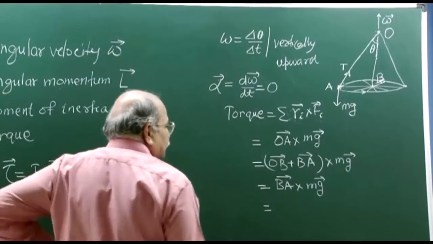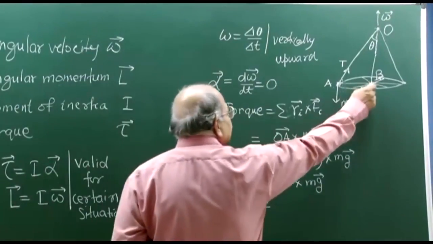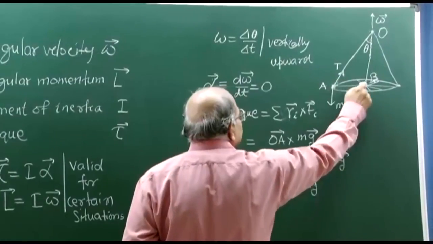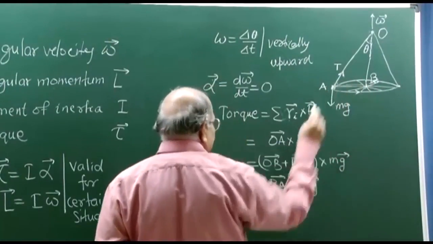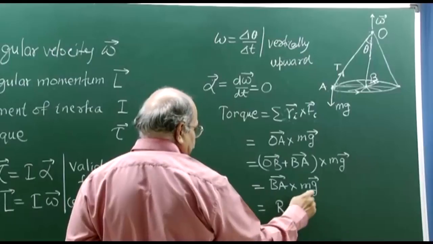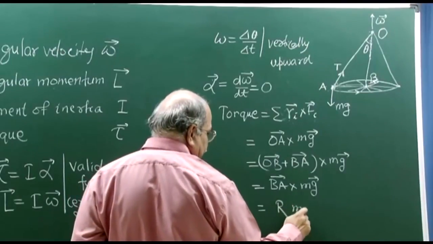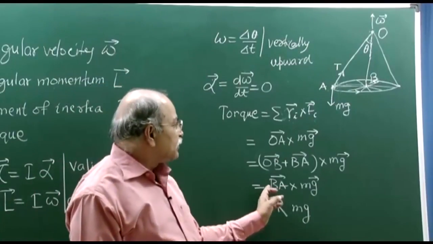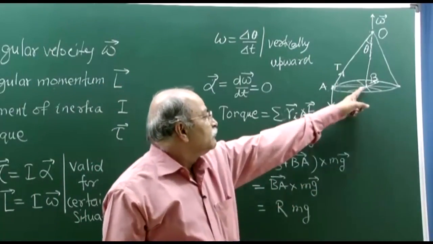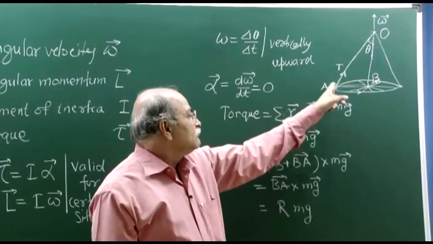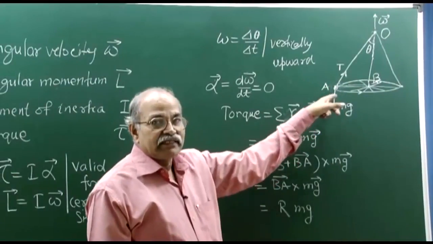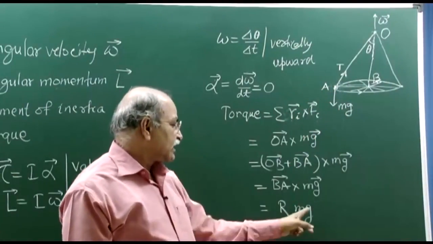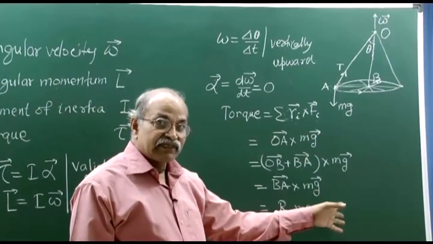What is the magnitude? BA is the radius of this circle, the magnitude is mg, and then sine theta, the angle between BA and mg. BA is horizontal, mg is vertical, so the angle is 90 degrees, and therefore sine theta is sine 90 degrees, which is 1.